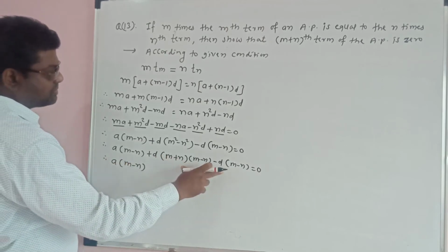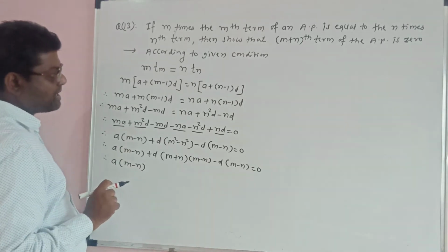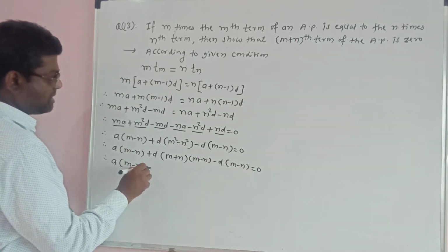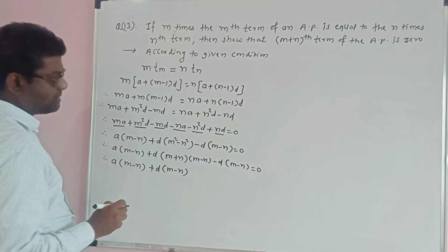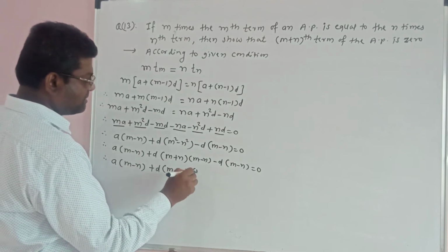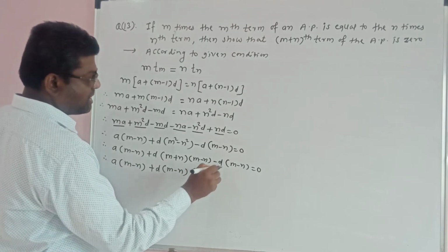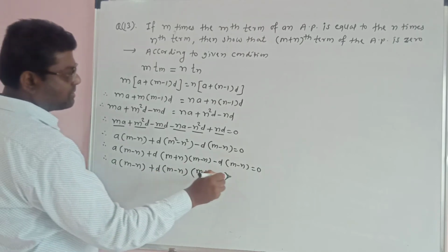Now from these two terms take d into m minus n common. So in another bracket what will remain is m plus n, and here is minus 1, is equal to 0.